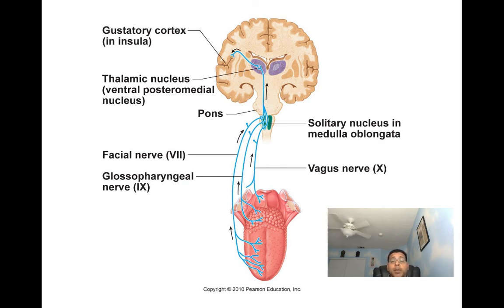Taste impulses from taste buds in the epiglottis and lower pharynx are going to be conducted via the vagus nerve. Via the vagus nerve, you can see right back here. So 7, 9, 10.